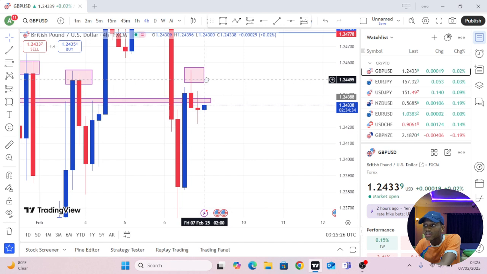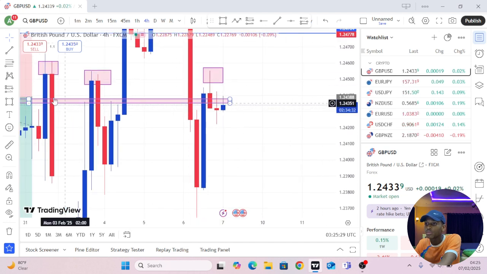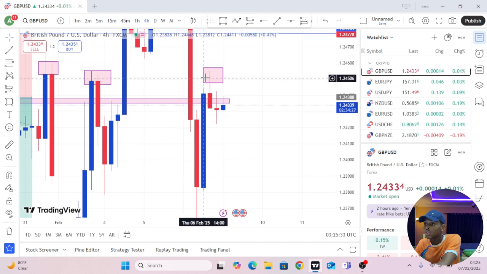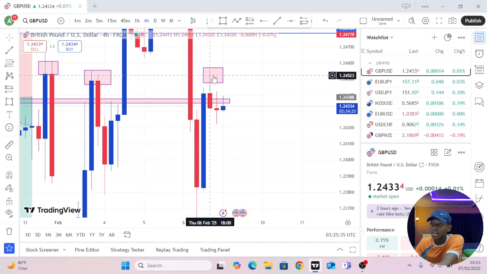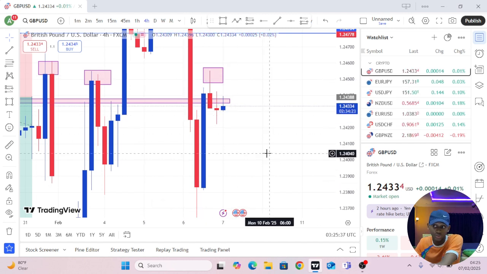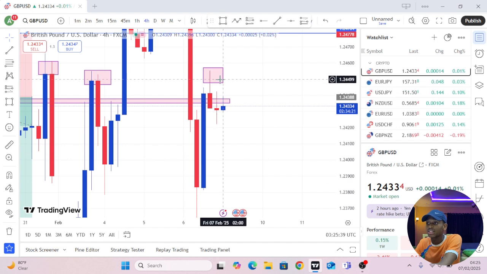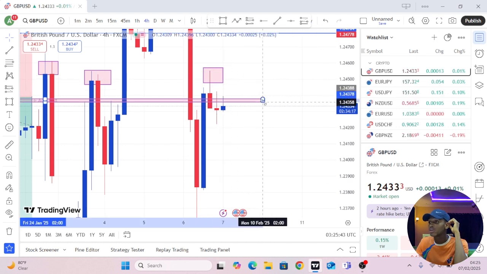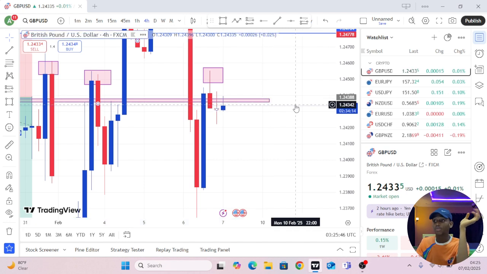But this third one failed to break above. Anytime it comes here, it pushes down. So it has come here again, and we're expecting the market to push down as it has been doing previously. These are three signs that GBPUSD seems to have some momentum to go to the downside. And remember, on an overall time frame, GBPUSD is on a downtrend.